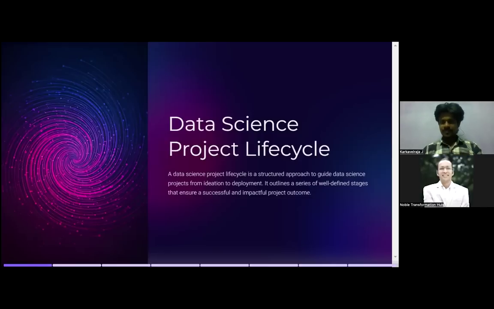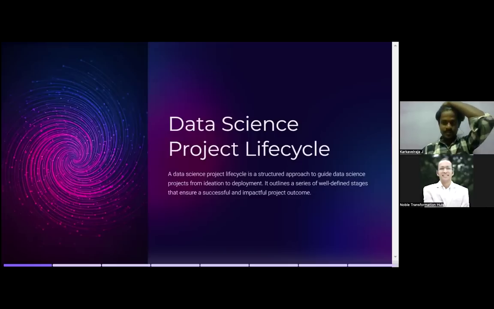Data science project life cycle. What is it? It is a structured approach to guide data science projects from ideation to deployment. From the ideation comes the problem statement, and that is a very crucial stage, guys.